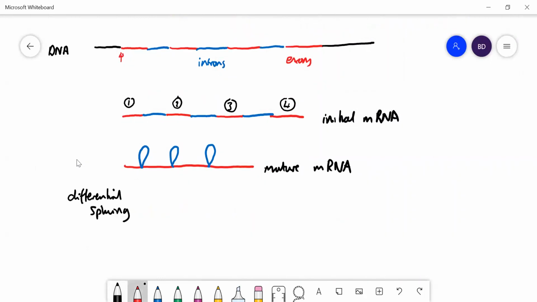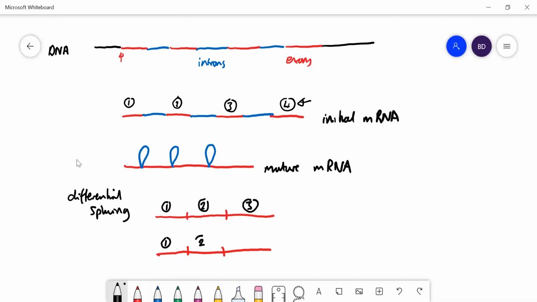It could make one version which has exons 1, 2, and 3, and exon 4 has been spliced out and thrown away. Or at other times it may make a slightly different protein where you've got exon 1, 2, and not 3 this time, but 4. So you can get two different protein products from the same gene.